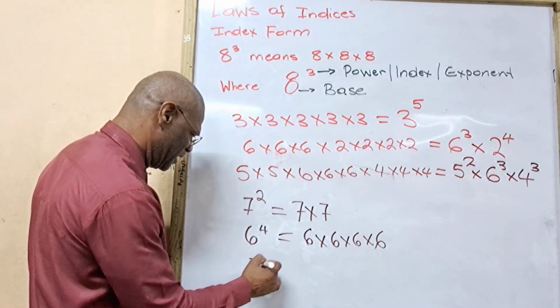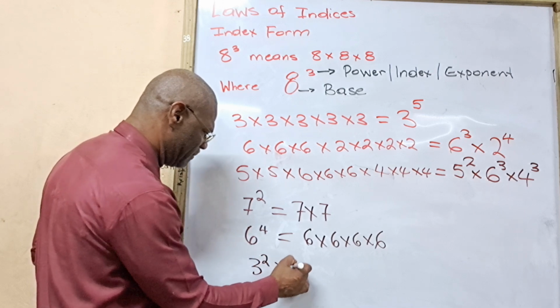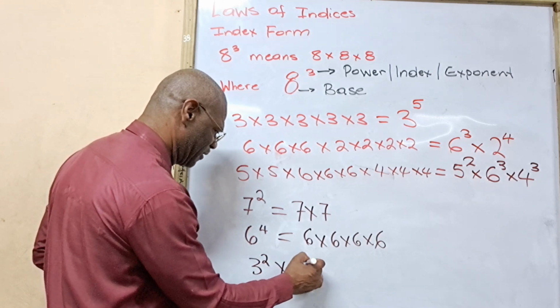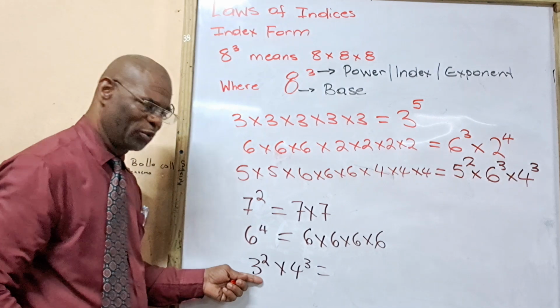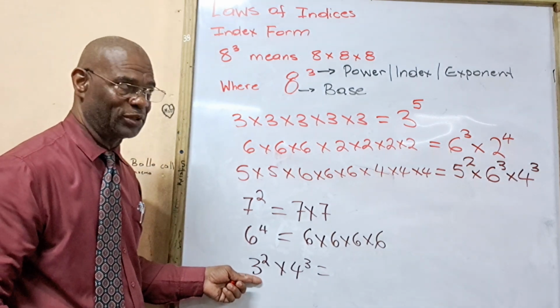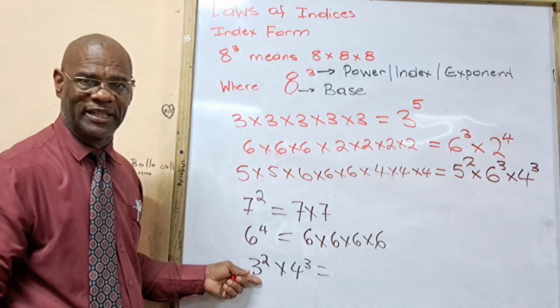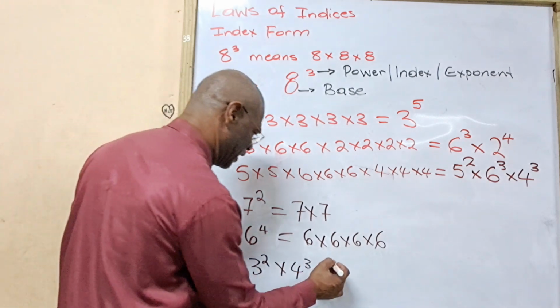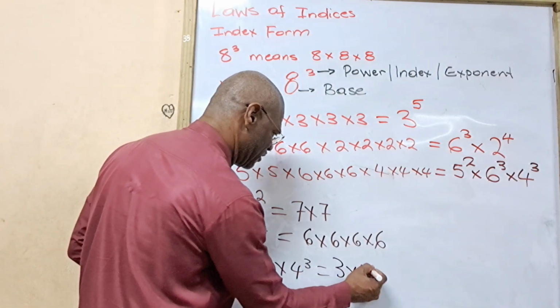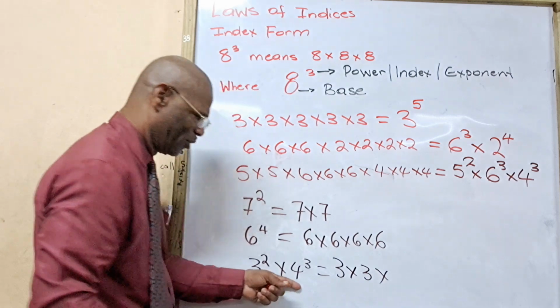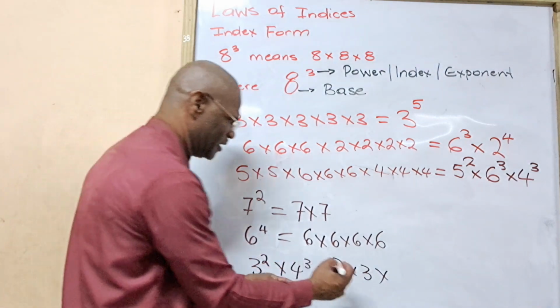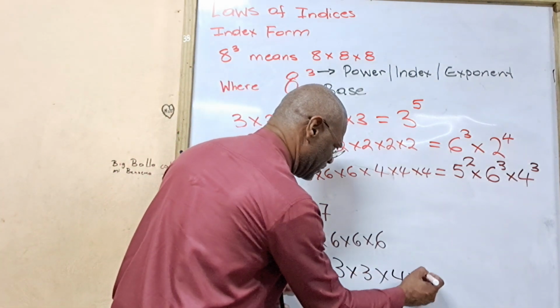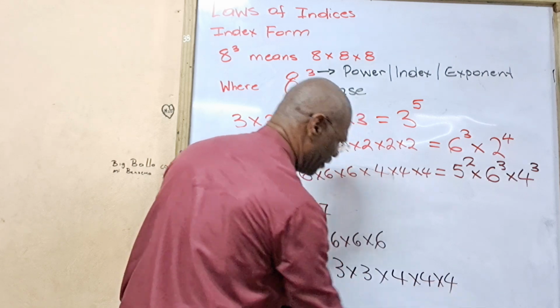We have 3 to the second power times 4 to the third power. Now that would be what? We have this base of 3 occurring how many times? 2 times. So that gives us 3 times 3 times 4 occurring 3 times. So that's 4 times 4 times 4.